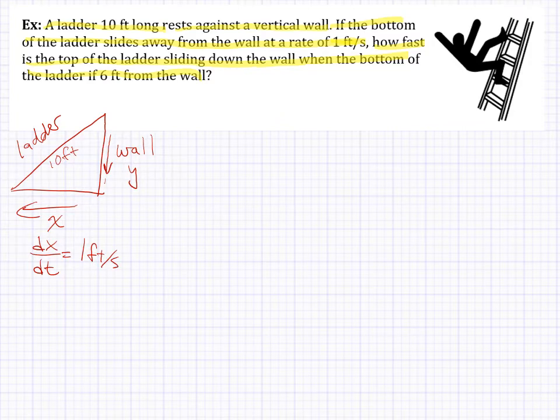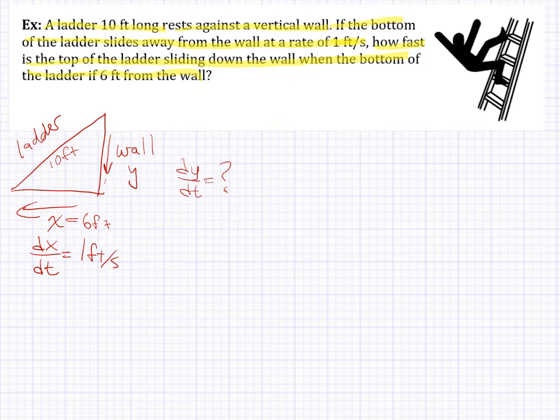How fast is the top of the ladder sliding down the wall when the bottom of the ladder is 6 feet from the wall? So when this is 6 feet, what's the change in the height? How fast is the y value changing? So that's what's happening here with this problem.